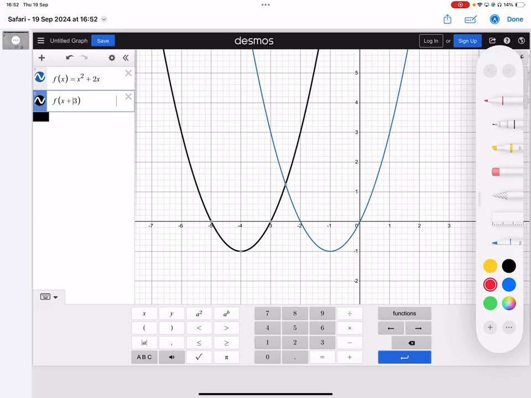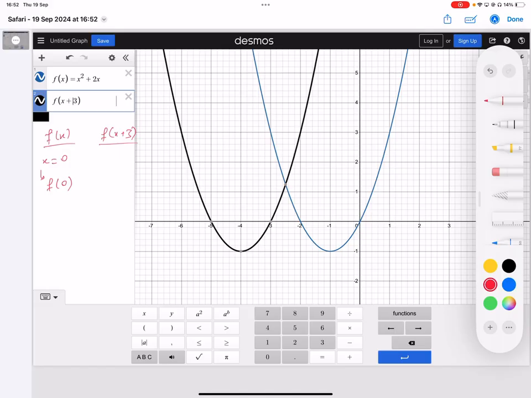Now let's try to understand why that is the case. Let's say in the original function, this f of x is the original function and f of x plus 3 is the transformed function, right? If you input x equal to 0 in the first function, what value do you get? F of 0, right?